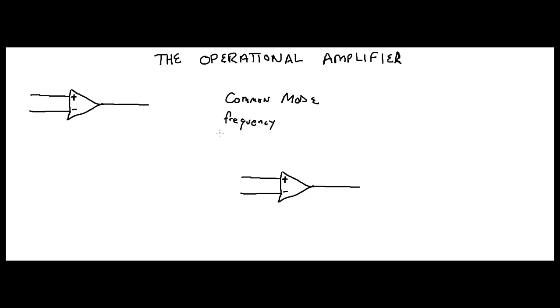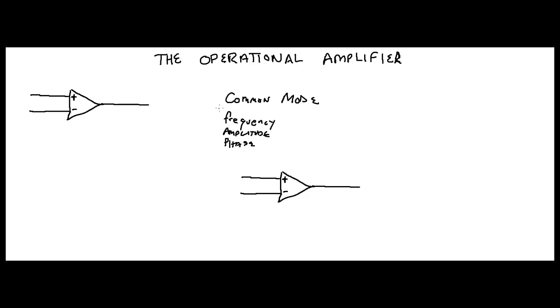What would be the next one? You want to have the same frequency. You probably want to have the same amplitude, right? And then the third thing is you're going to want to have the same phase.